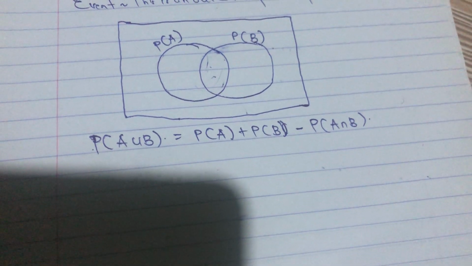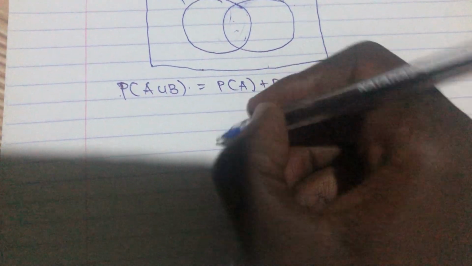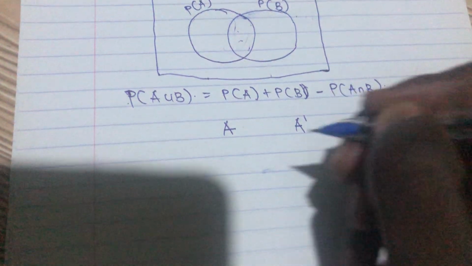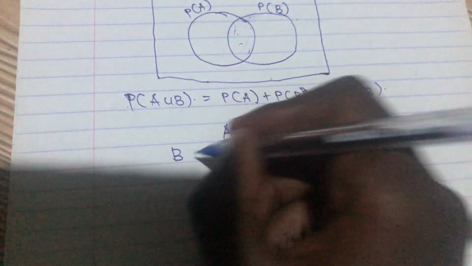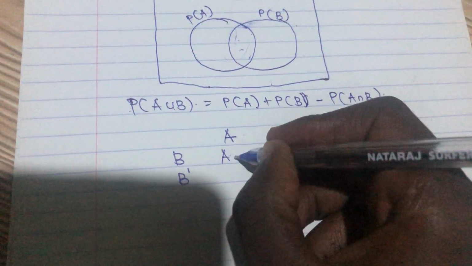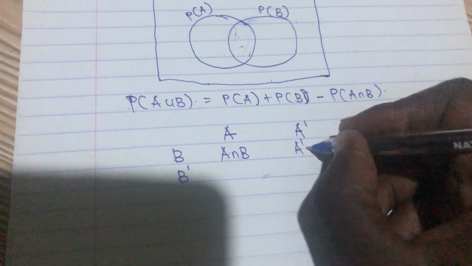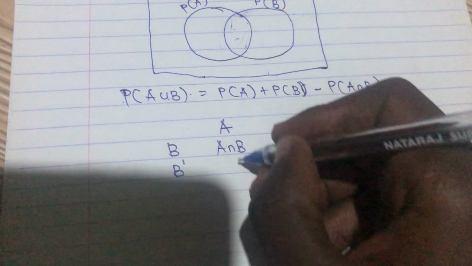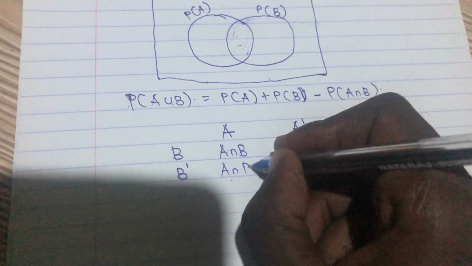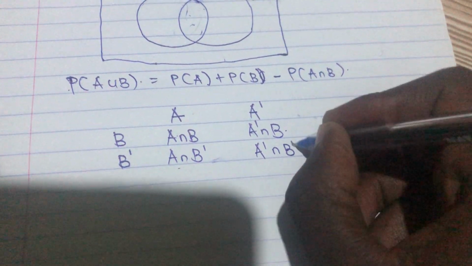Are we together? So one of the basic tricks that I normally was taught is that we can have here probability of A, and this is probability of A complement, and this is probability of B, and this is B complement. So here it will be A intersection B, here will be A complement intersection B, and this will be A intersection B complement, and this can be A complement intersection B complement.